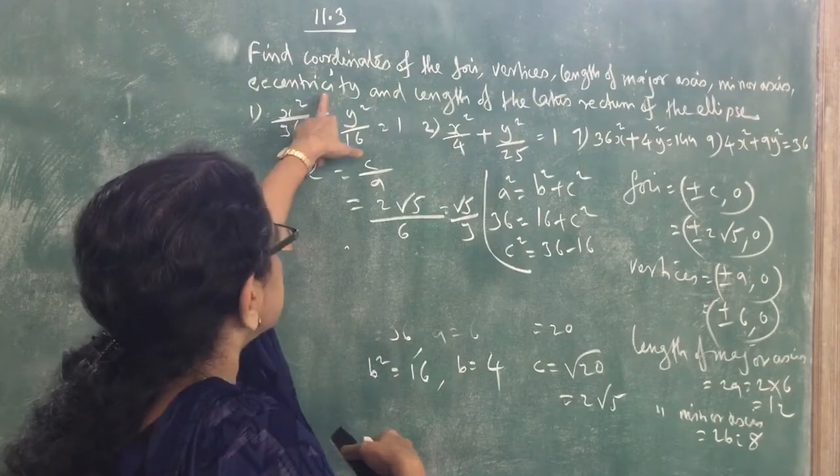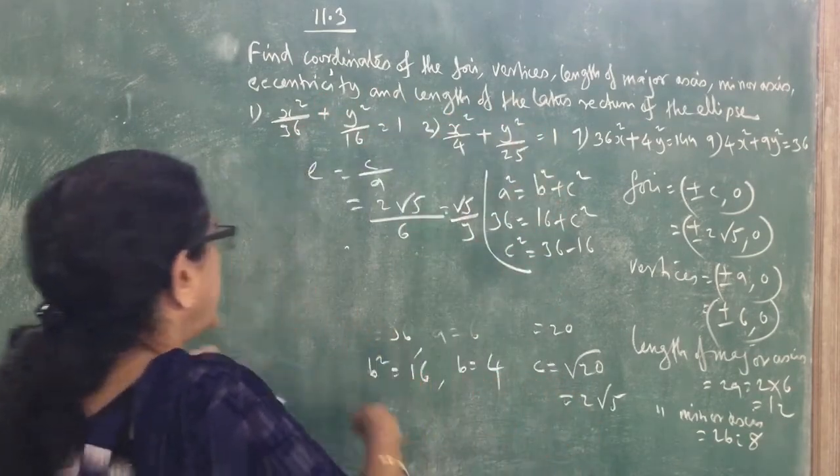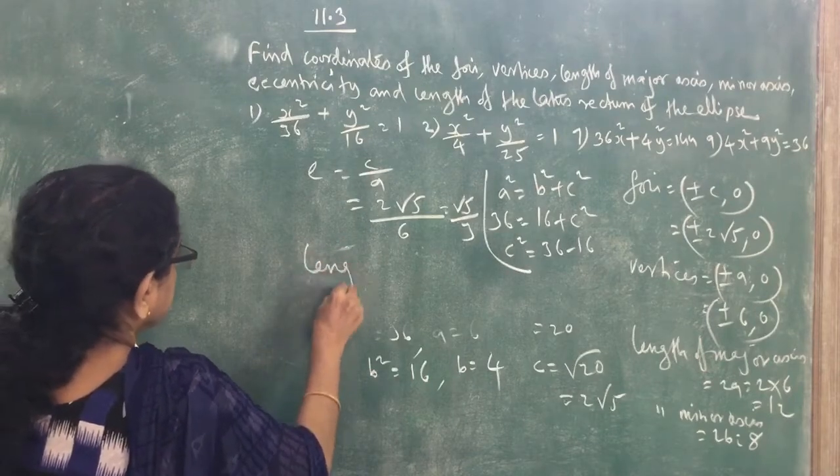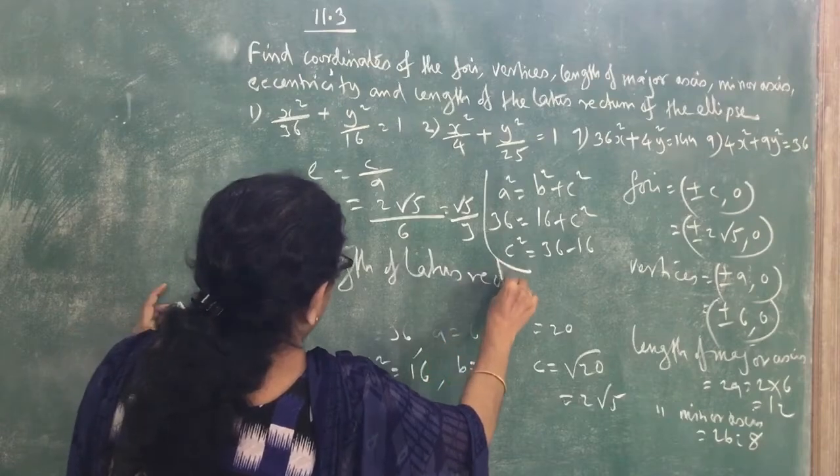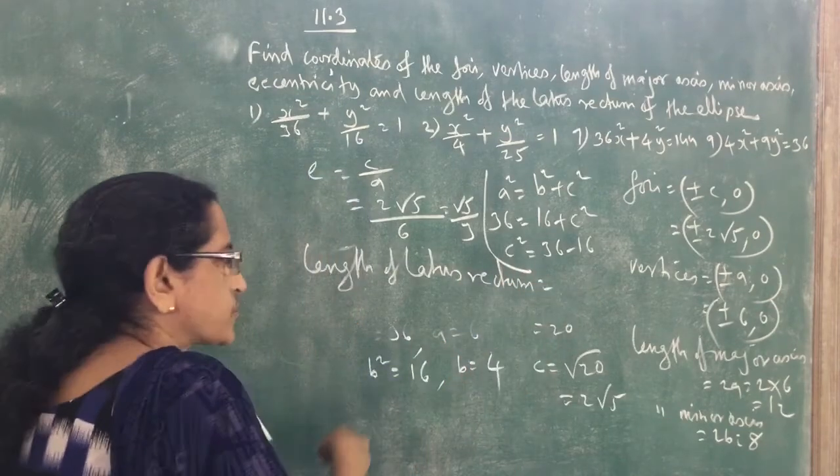Then the length of the latus rectum equal to 2b square by a.